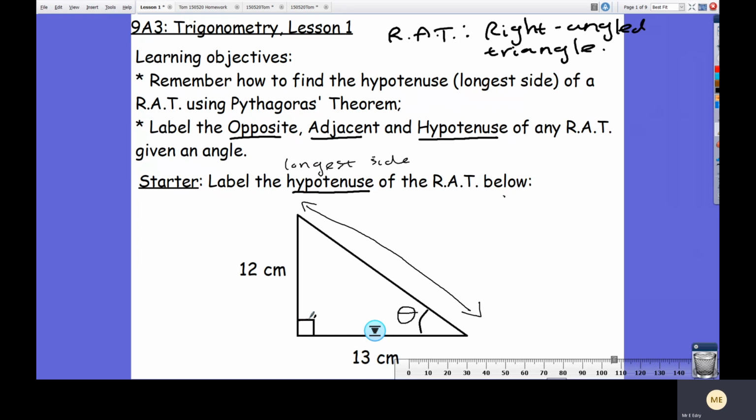So we can see here, we've got this little triangle indicating 90 degrees. The right angle is there, and if I draw an arrow straight from it, opposite, the side that that arrow points to is the hypotenuse. So I can say hypotenuse. If you want to make a note on your sheet or in your book, you may.